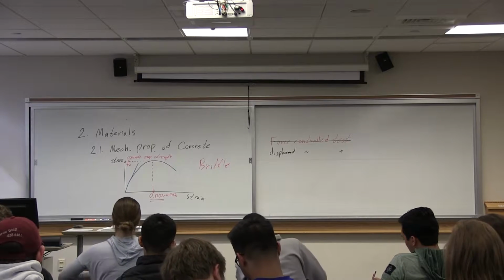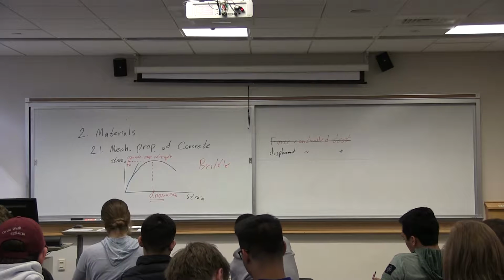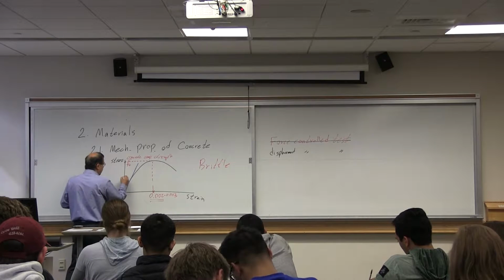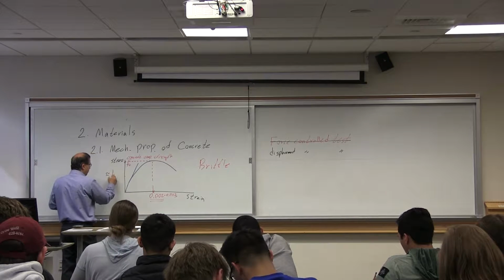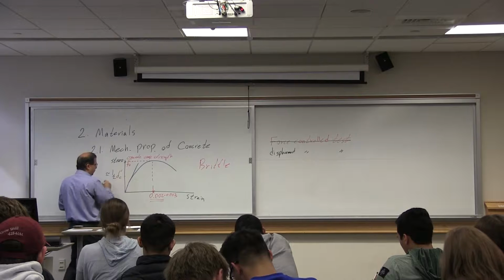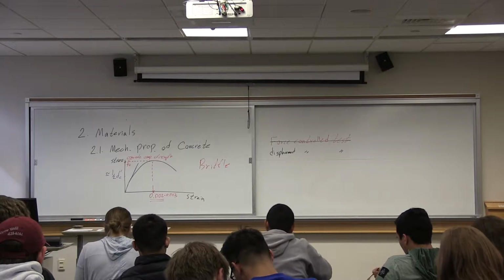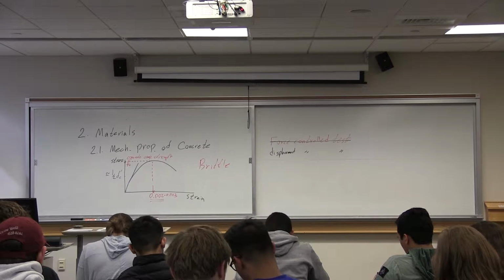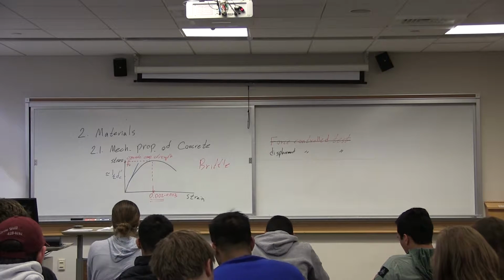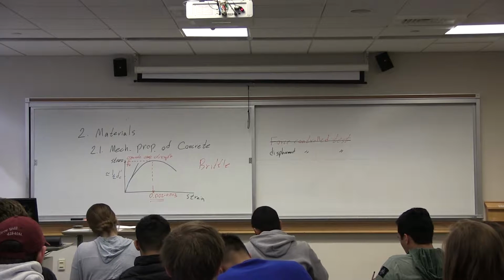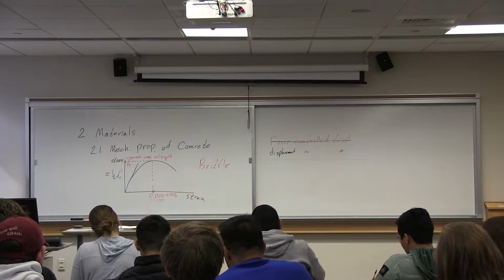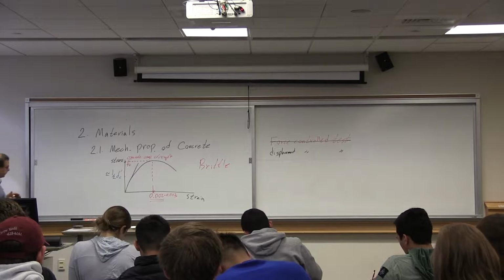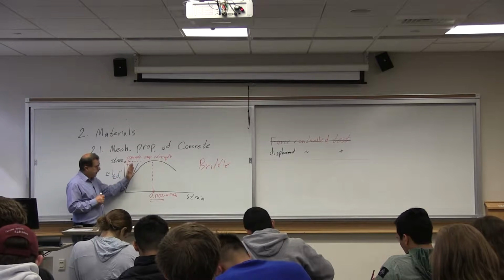When you start the test, the first portion of the curve is almost a straight line, approximately up to 1/2 of f prime c. Up to approximately 1/2 of f prime c, stress-strain relationship is linear. After that, it starts to go with less stiffness. Why does this happen?